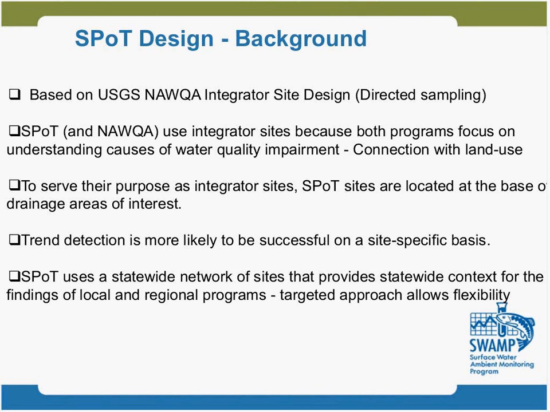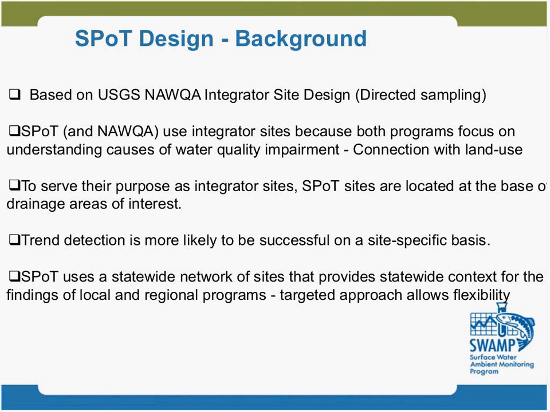And we'll show some example data sets of how we're doing that as we proceed. To serve as integrator sites, we've located these sampling stations at the base of larger watersheds throughout the state. And the idea is that we're going to be able to detect changes over time by going to the same station over a number of years.